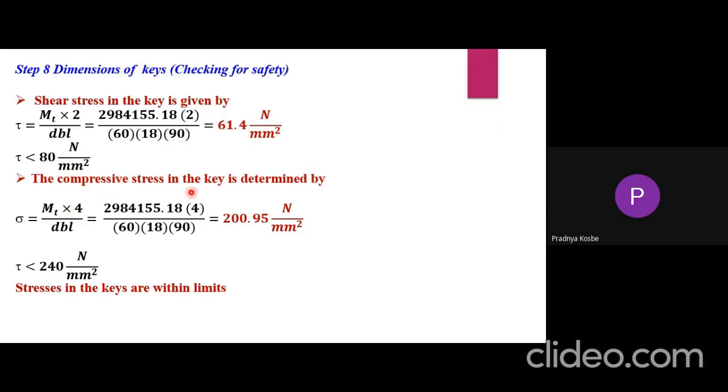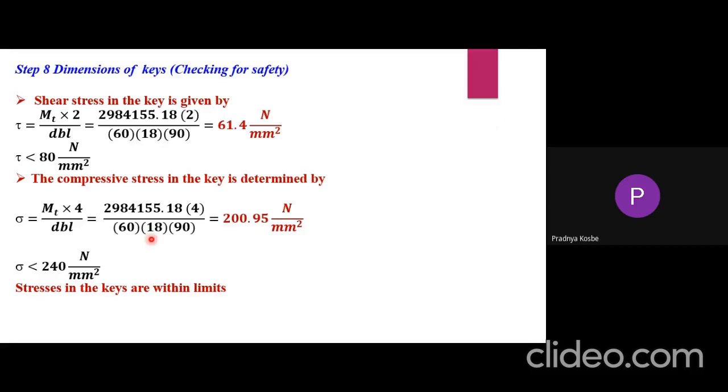And now compressive stress in the key is determined by 4 mt divided by d h l. Put the values, we'll get over here 200.95 Newton per mm square. In this case, permissible compressive stress in the key is 240 Newton per mm square.